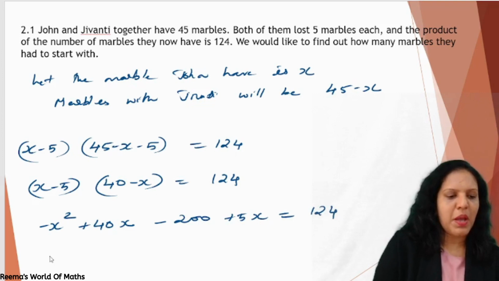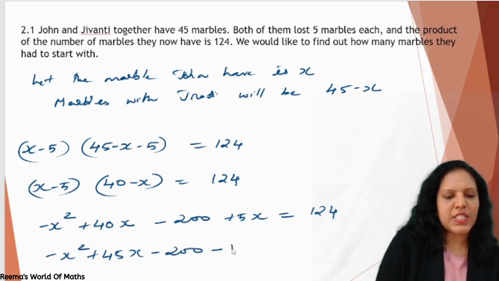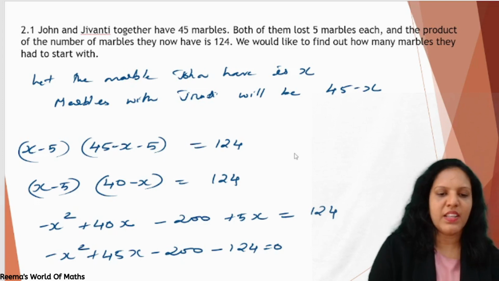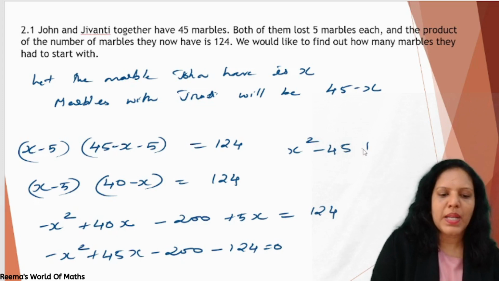Correct? So that will be minus X squared plus 45X minus 200 minus 124 equals 0. So we can change the sign, so that will be X squared minus 45X plus 324 equals 0.